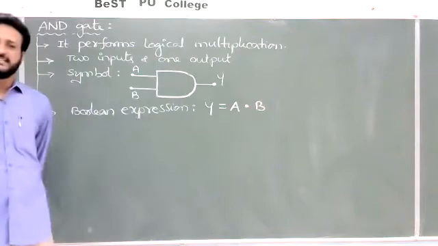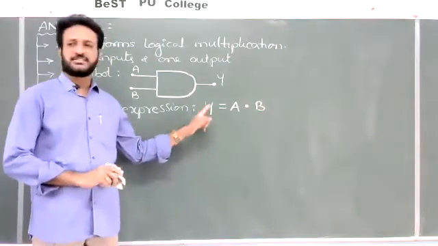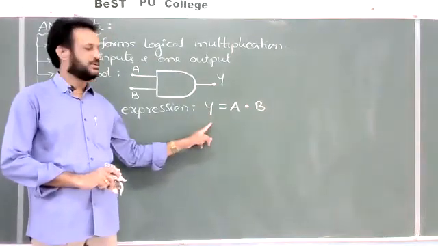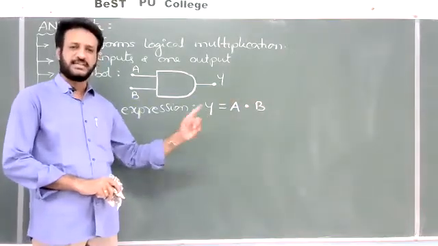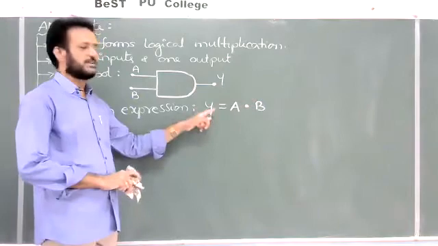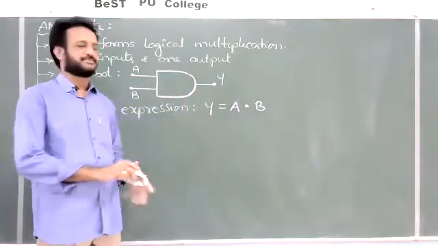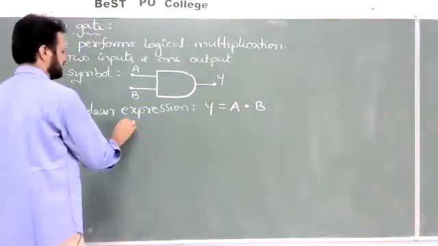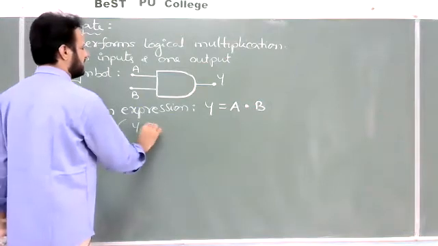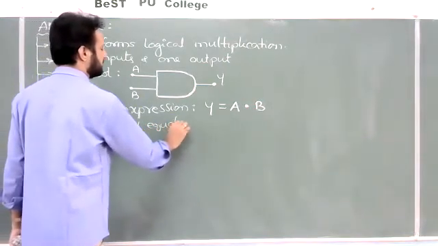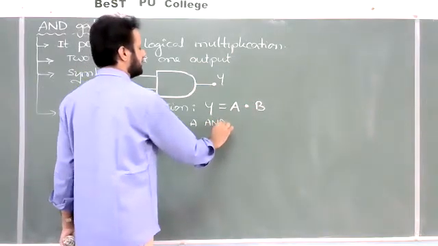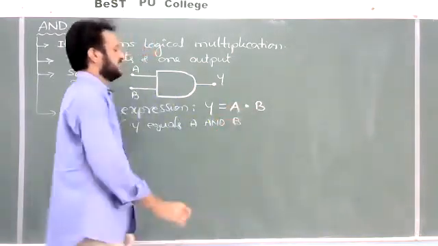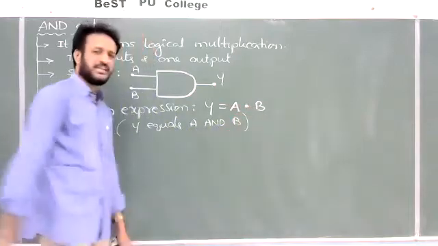But how to read it? Y equals A and B. So what does it mean? Y equals A and B means what?